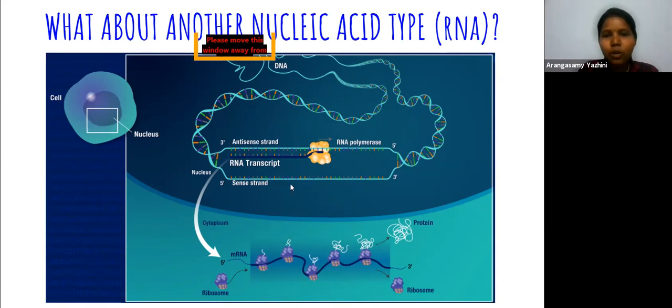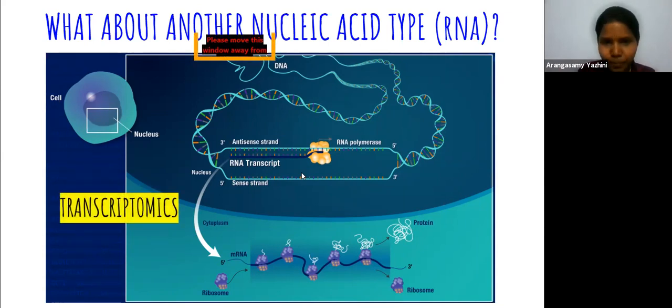In the central dogma, DNA gives RNA, and RNA works as a template to produce protein. Now we know that DNA is common in all cell types, so we look into the RNA transcripts. When you look at all the transcripts present in the cell, it is called transcriptomics.